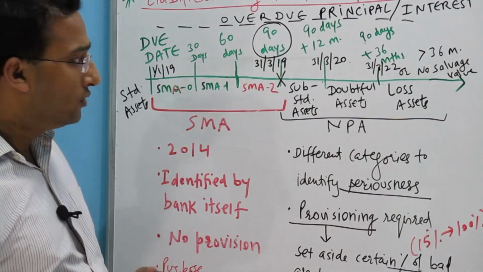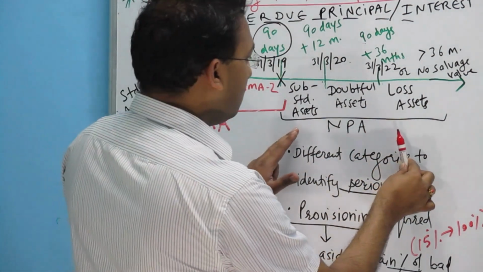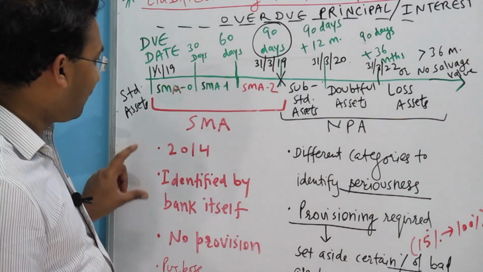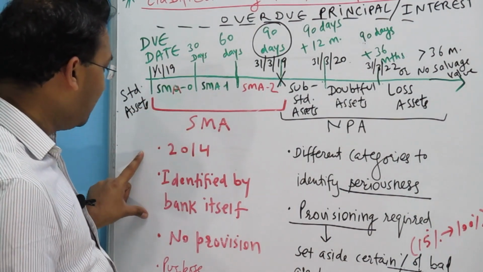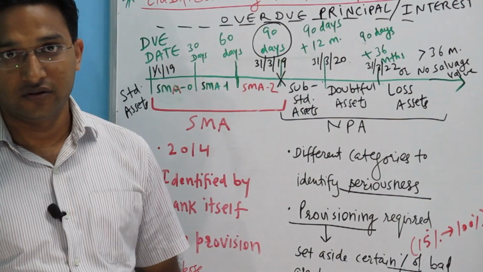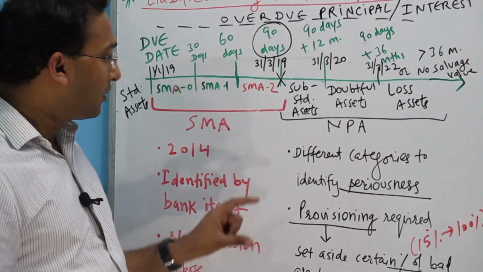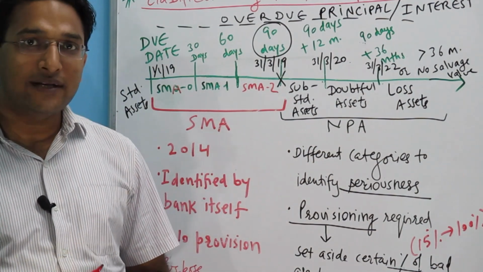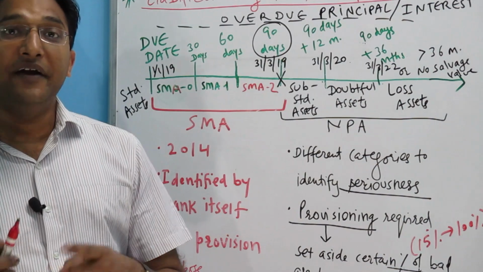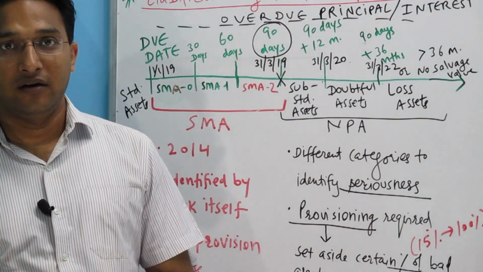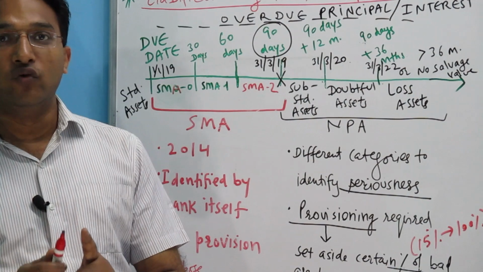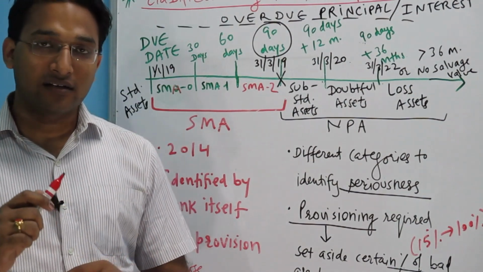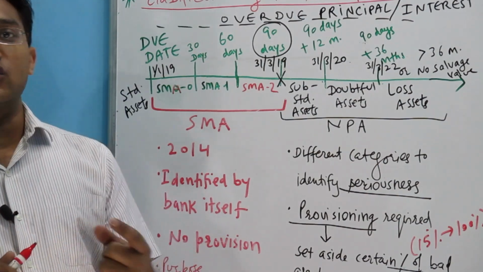Now let us see how the special mention account and the non-performing assets are different, right? So first of all, this special mention account has to be identified by the bank itself, right? And this non-performing asset also has to be identified by the bank itself, and sometimes it is the auditors who identify an account as an NPA even if the loan is overdue for less than 90 days, right? And the condition can be that the loan security is not collectible.